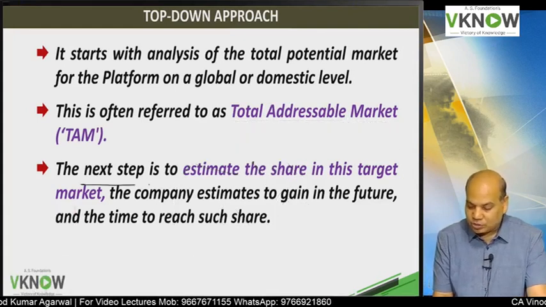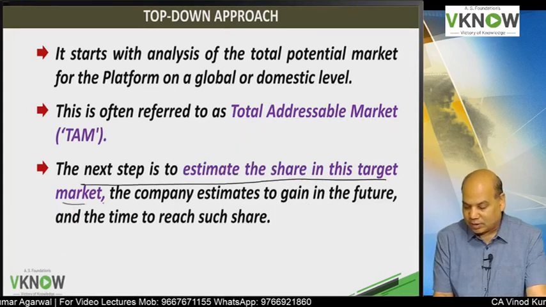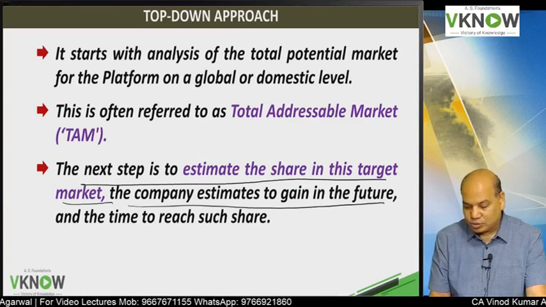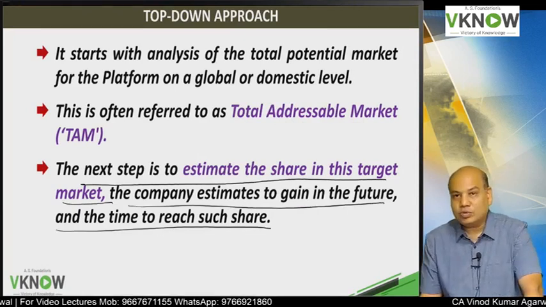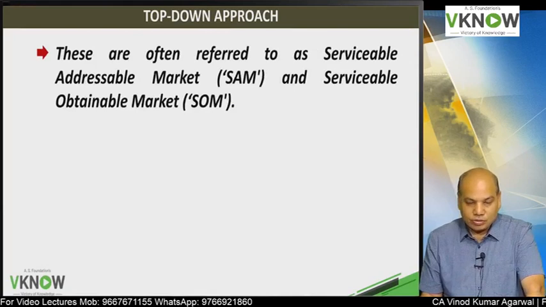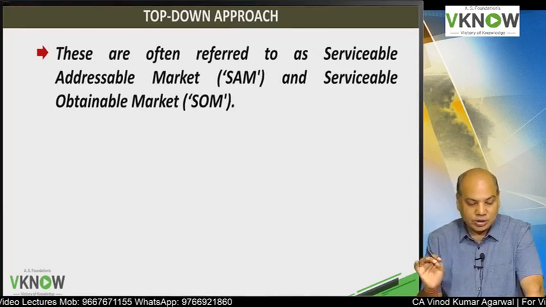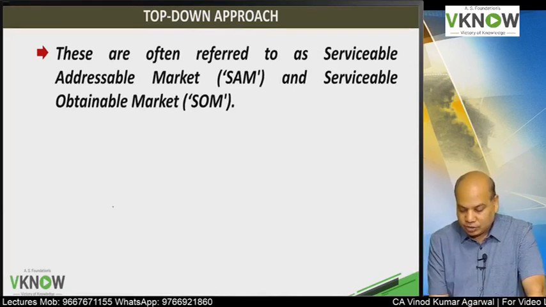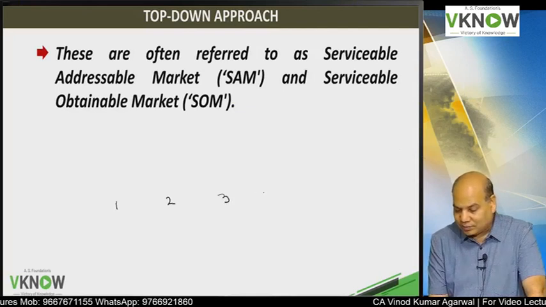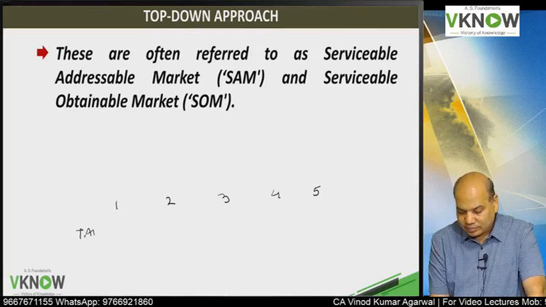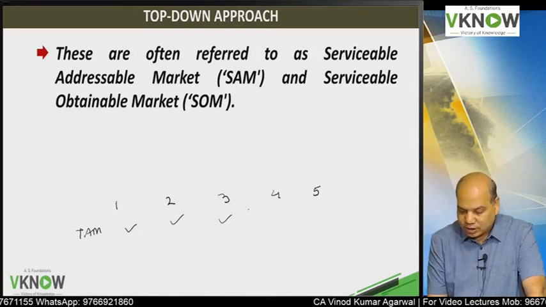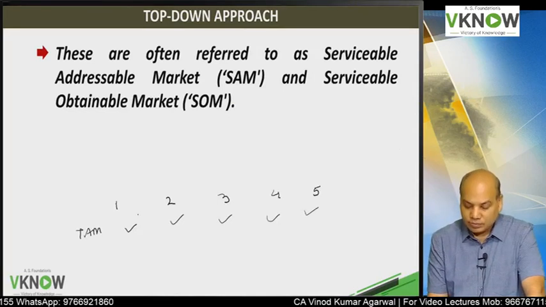The next step is to estimate the share in this target market the company expects to gain in future and the time to reach such share. So first of all, what will be your share and when will you reach it? You have to keep on estimating what will be TAM, because this TAM will keep on changing also.